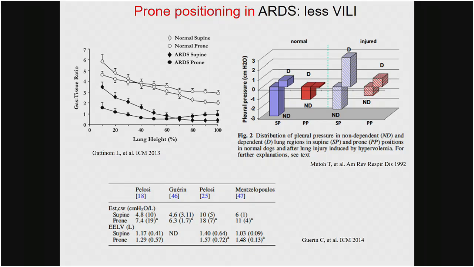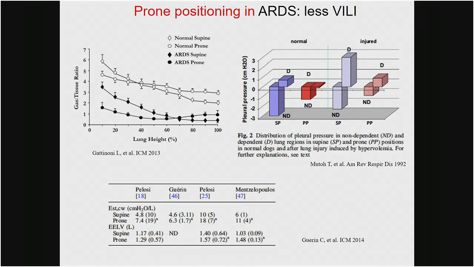So the improvement of outcomes related to prone position may derive from an effect on ventilator-induced lung injury, the injury induced by applying excessive pressure to different regions of the lung. And this comes from a different distribution of the pressure in the lung.